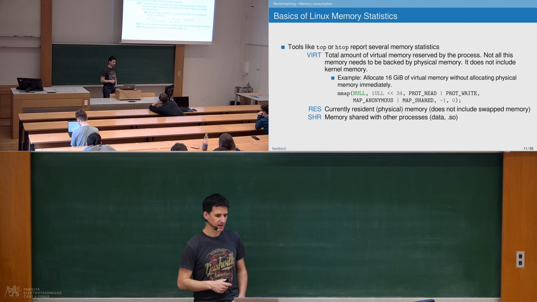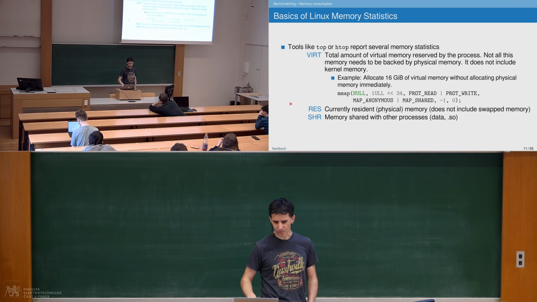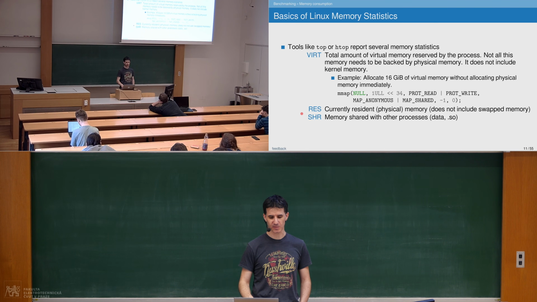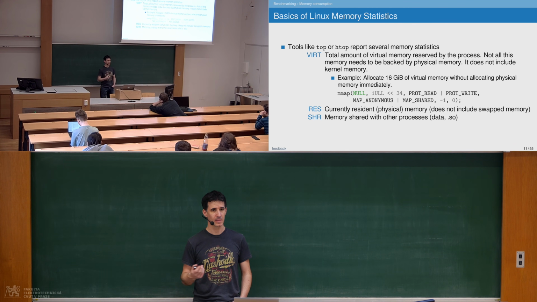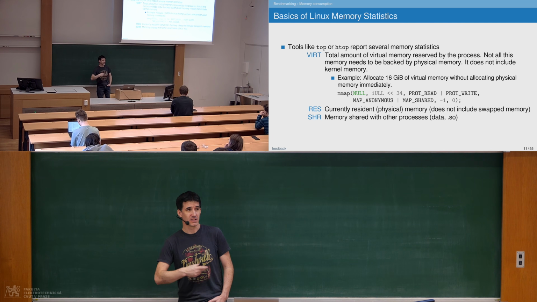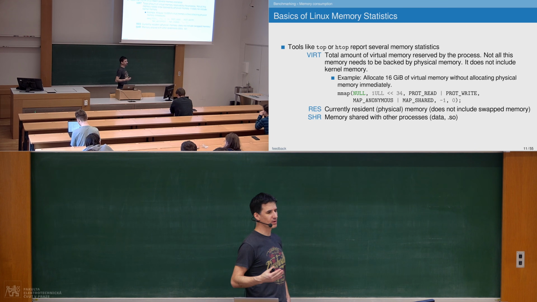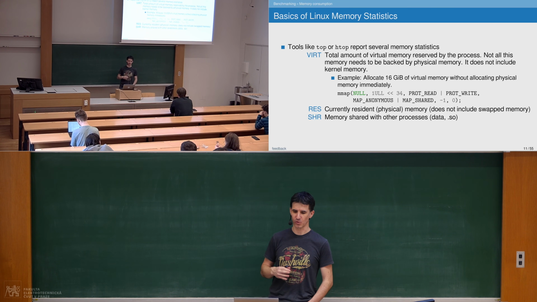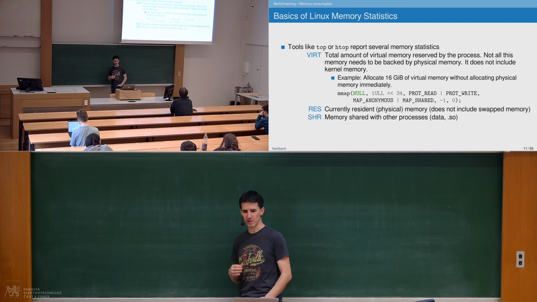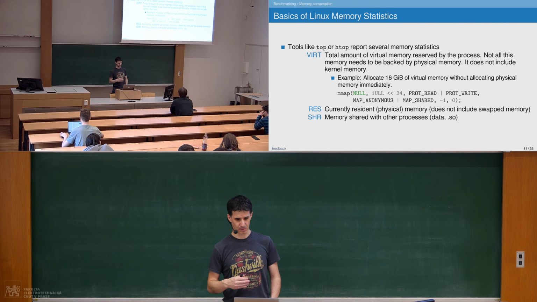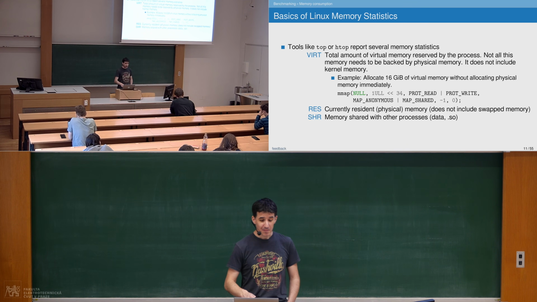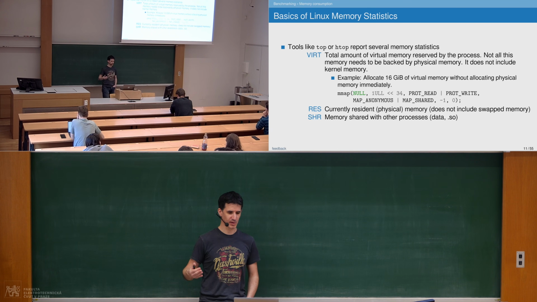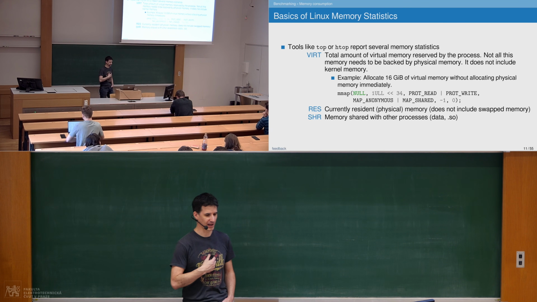A more realistic number of memory usage is this res value. This stands for resident or physical memory, which is used by your program. This is the memory allocated in the address space of your program, but this is only the user space memory, and this corresponds to what your program uses, but this excludes shared memory, which is also in the user space of your program, but shared with other programs.